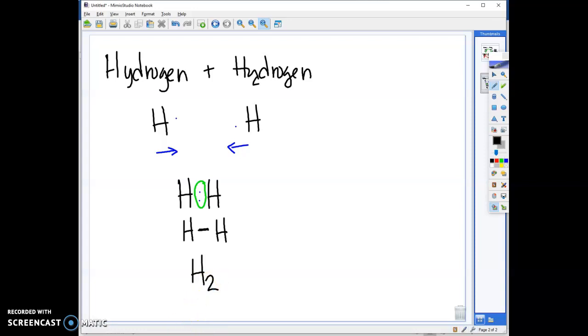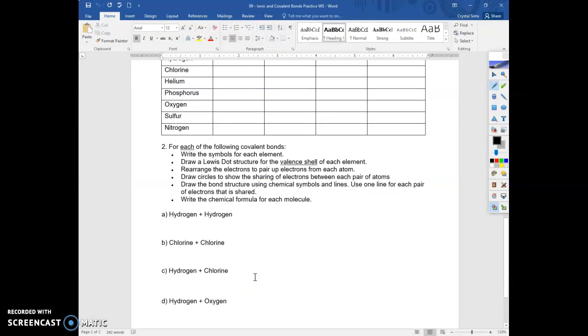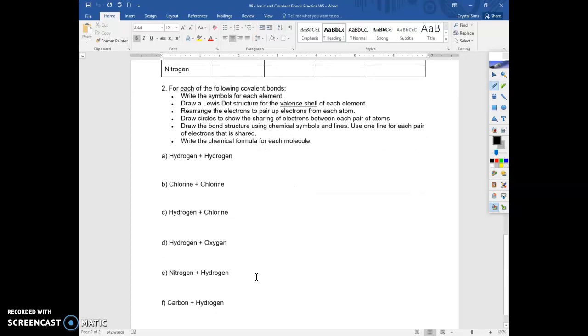Now when you look at some of these others, like if you look at, for instance, hydrogen and oxygen, nitrogen and hydrogen, carbon and hydrogen, you're going to have to do these similarly to how you did magnesium and iodine, so that you make sure that each specific atom is happy, that they all have 8, except for hydrogen, which again needs 2, so that they can be happy.